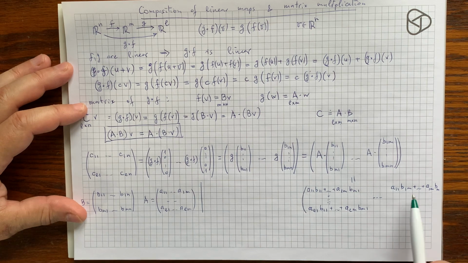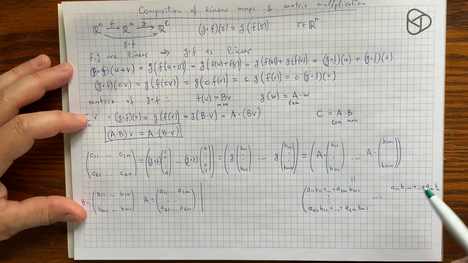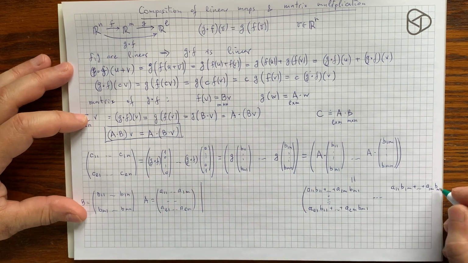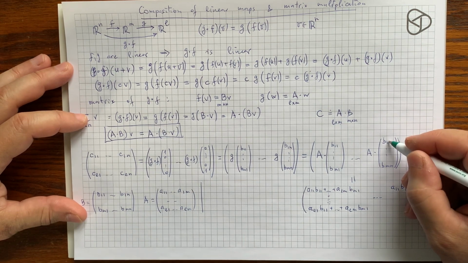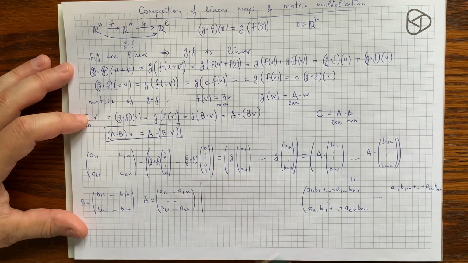So the position in this matrix C is this 1n. It's just the column which I wrote. No, I wrote it correctly. It's 1n.